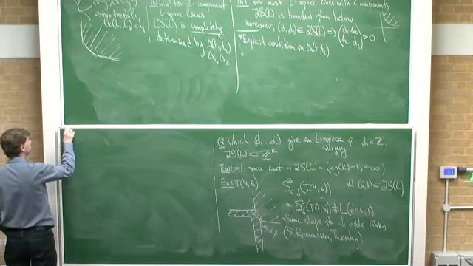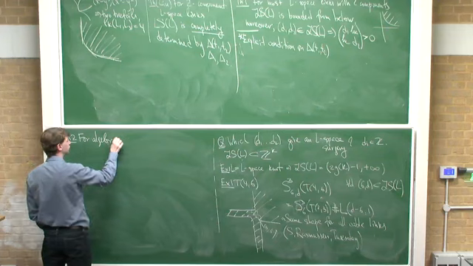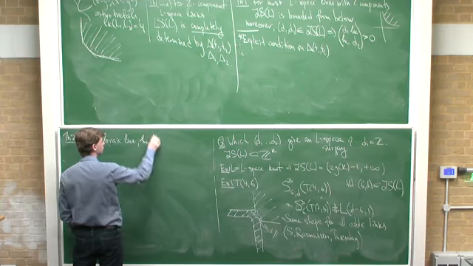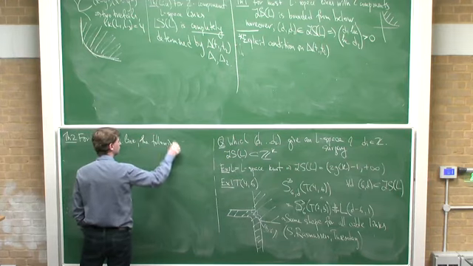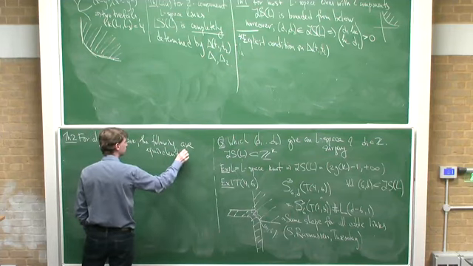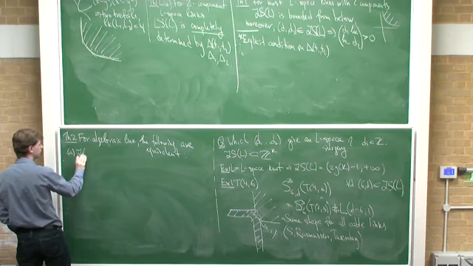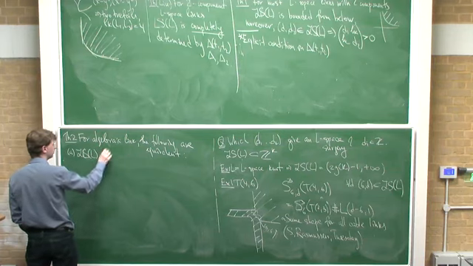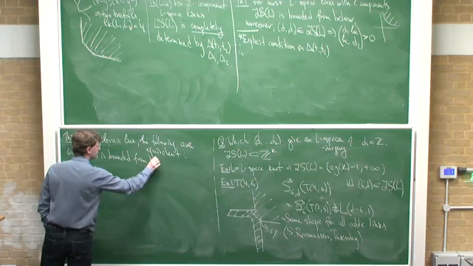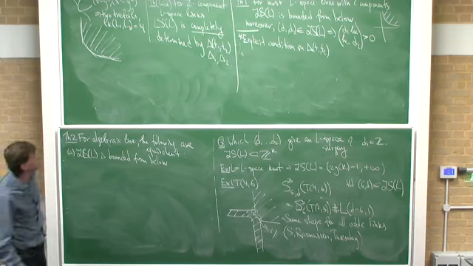And so, theorem 2 for algebraic links, the following are equivalent. So first of all, LS is bounded from below. And actually more than bounded from below, it satisfies this theorem.